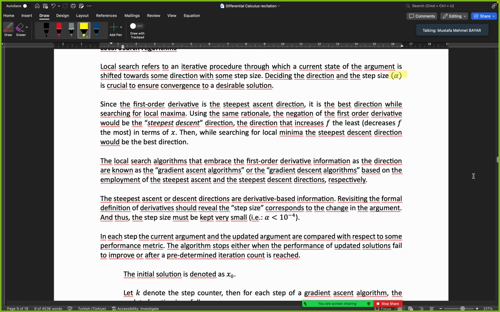So, if you use the positive version of the first order partial derivatives, then you apply the gradient ascent algorithm and try to maximize your function. And if you use the negative of the first order partial derivative, then you use the gradient descent algorithm and try to minimize your function.